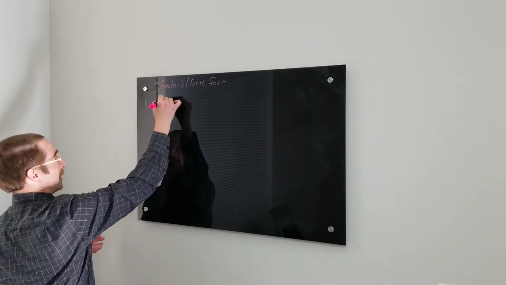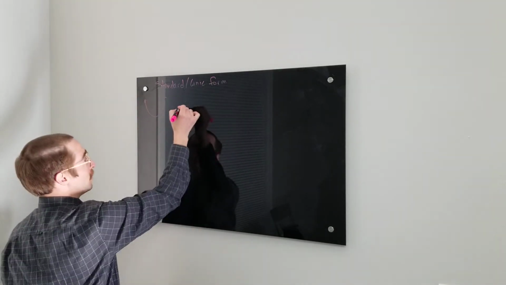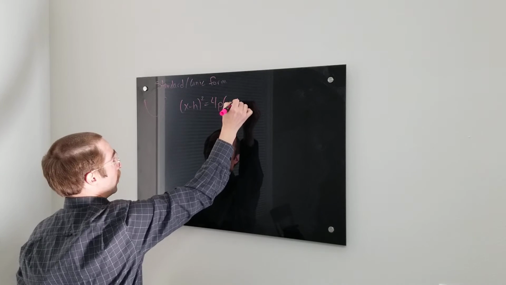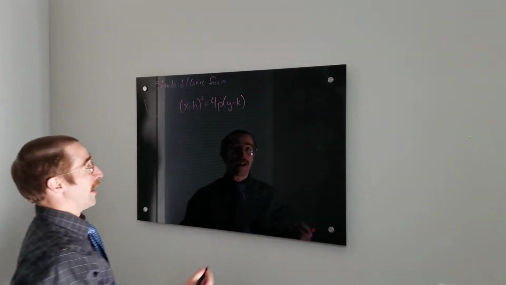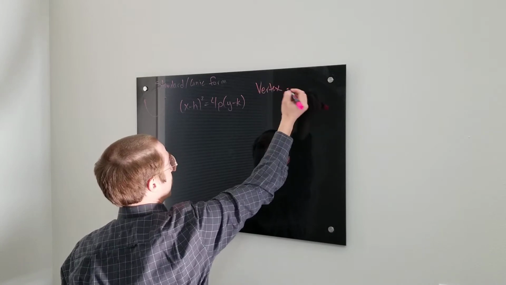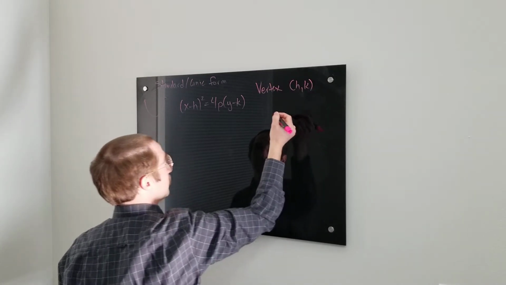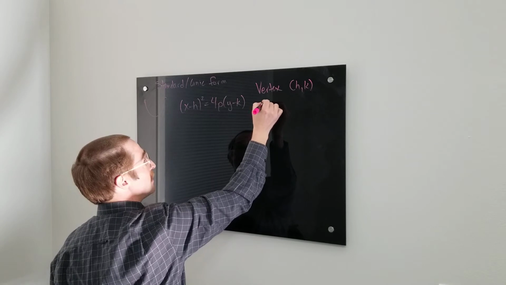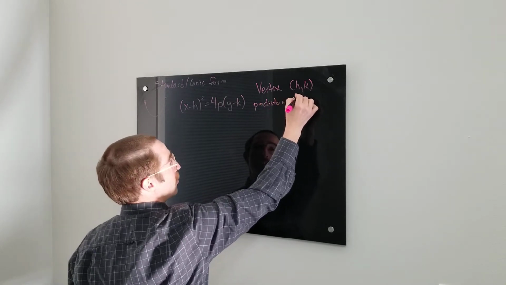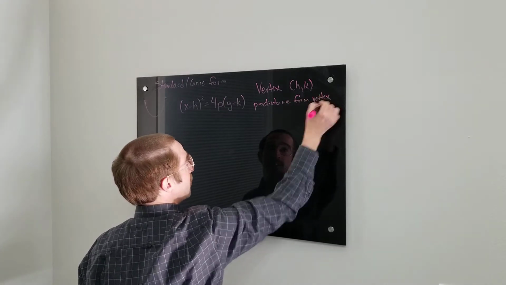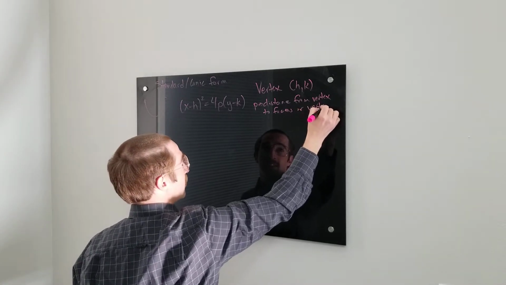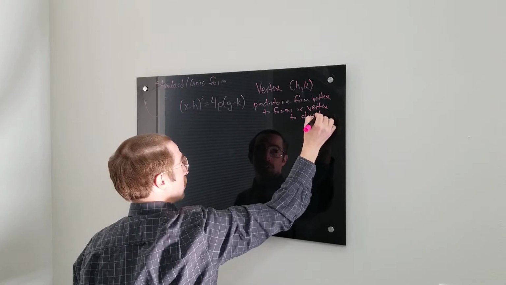Whether we want one with a vertical axis, so one that's going like this, that has an equation of x minus h squared equals 4p times y minus k, where the vertex is at h comma k, p is not equal to 0, and p is the distance from vertex to focus or vertex to directrix.